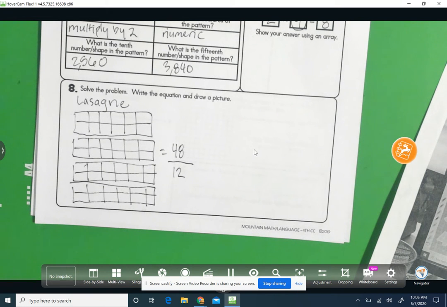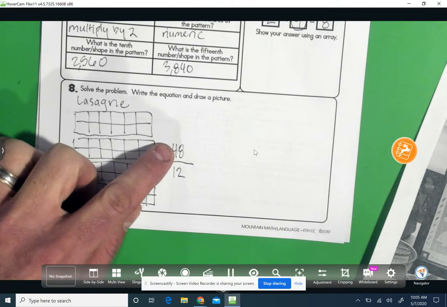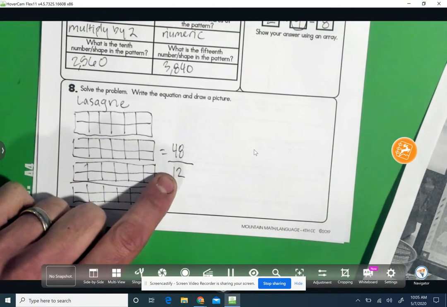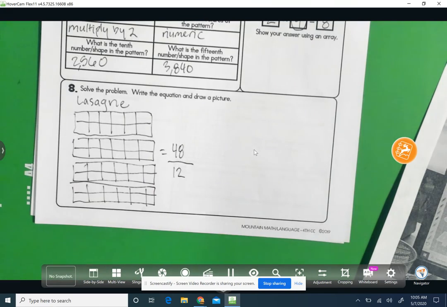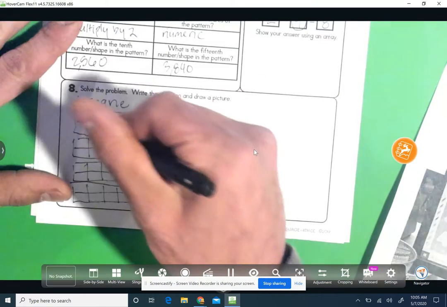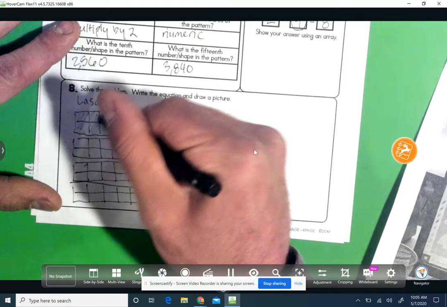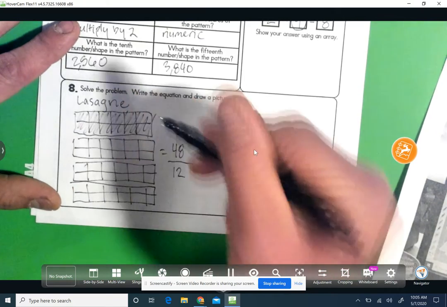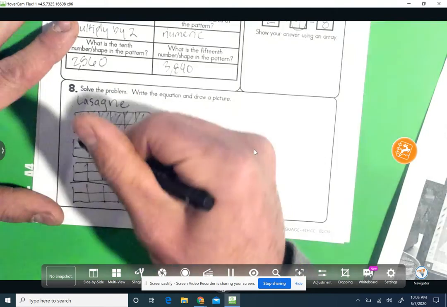If Erin's friends ate 37 twelfths pieces of lasagna, how many full pans were eaten? How many pieces are left? Well, we know we got a total of 48 pieces, of 48 twelfths. The friends ate 37. So we could fill in this whole grid. That's 12 slices eaten.